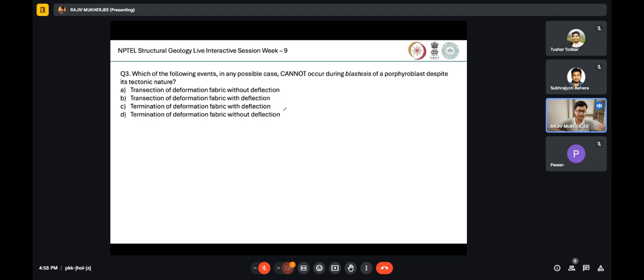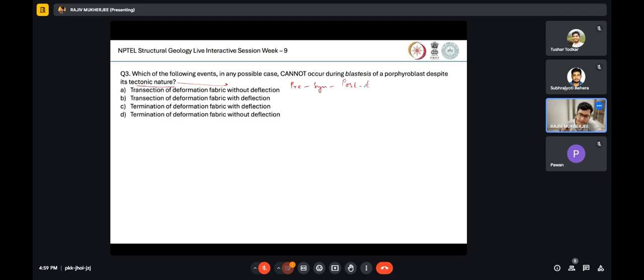So let me clarify here first. In this case, tectonic nature refers to the pre-kinematic, synkinematic, and post-kinematic or post-tectonic occurrence of the porphyroblast. So blastesis is the mode of occurrence or the mode of origin of the porphyroblast.